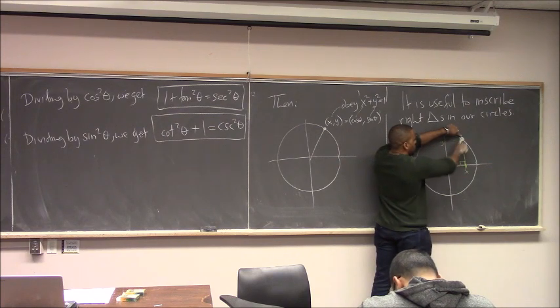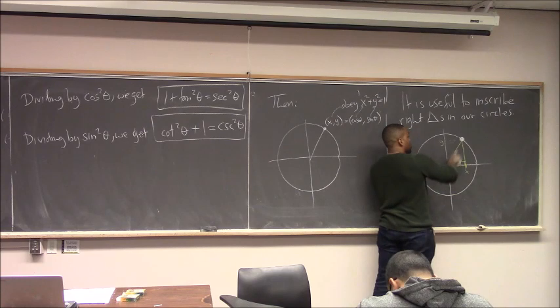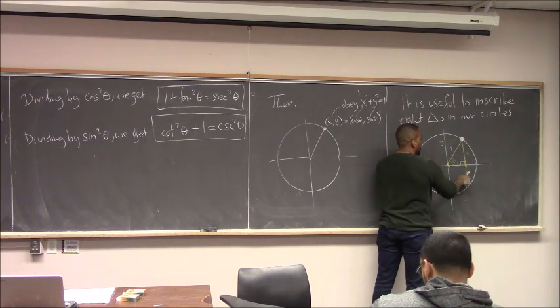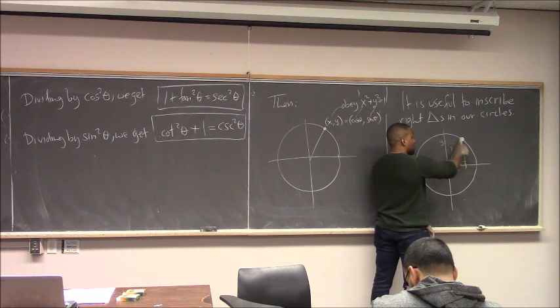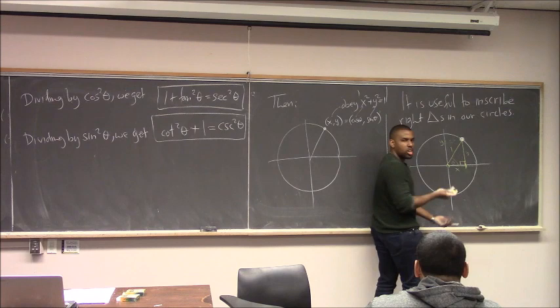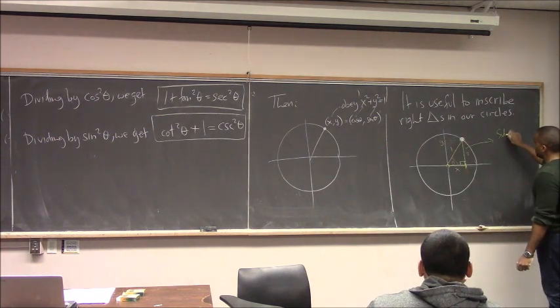And we obtain a right triangle very easily here. So we know the radius is 1, and we know this height here is y, and this distance here is x. So Pythagoras' theorem tells us that x squared plus y squared is 1, which is why it's called the Pythagorean identity. So that's just a side note.